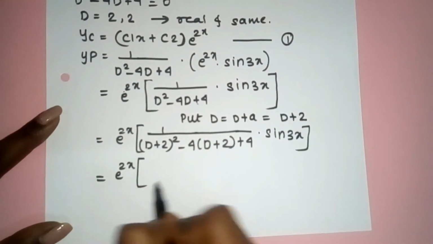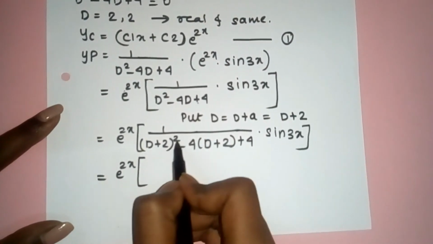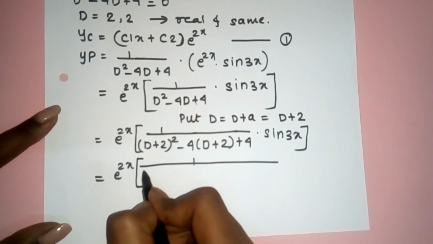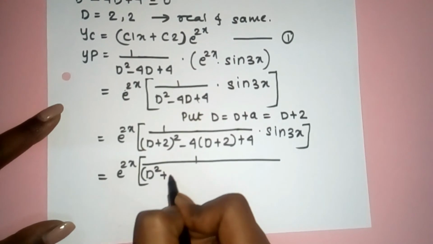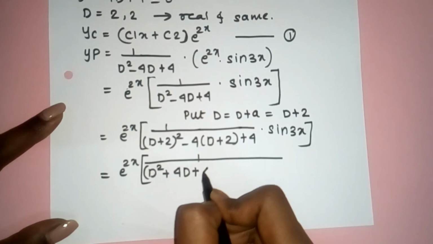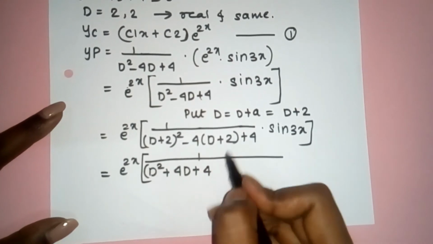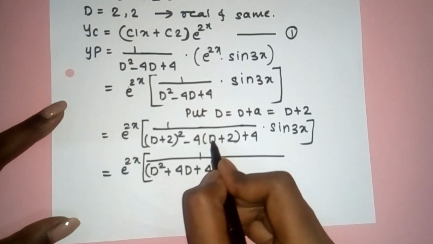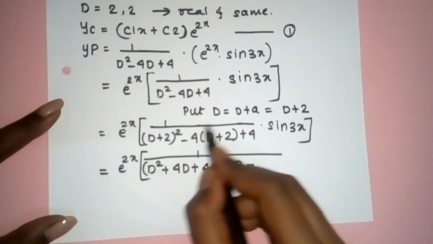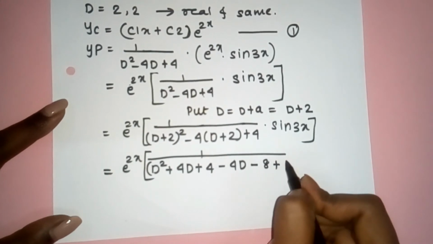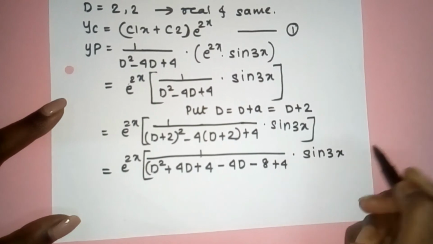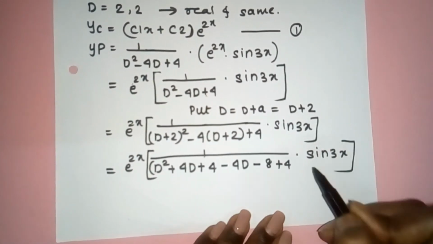Now we will solve this. It is a plus b whole square, we have to use that formula. It is d square plus 4d plus 4, then minus 4 into d, 4d, minus 4 into 2, minus 8, plus 4, into sin 3x.